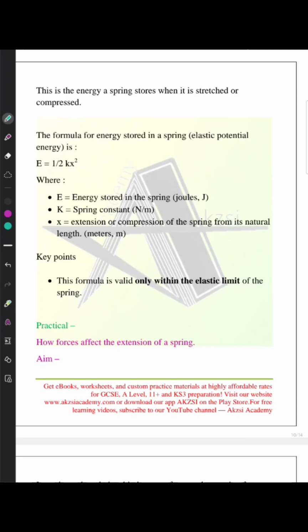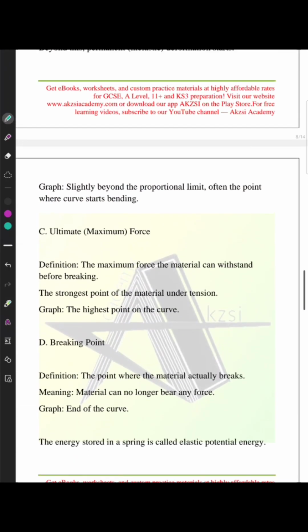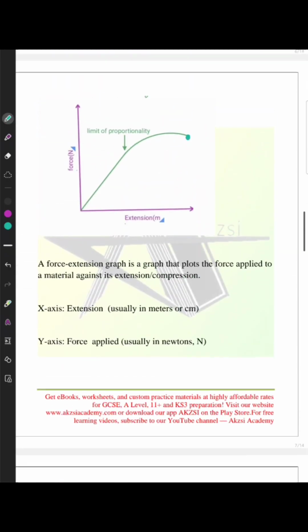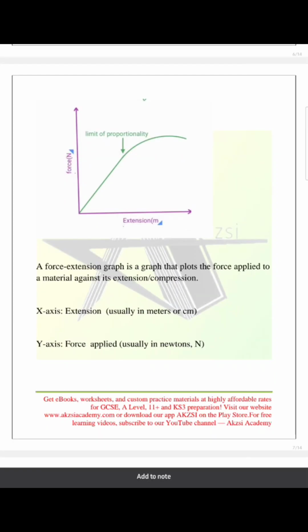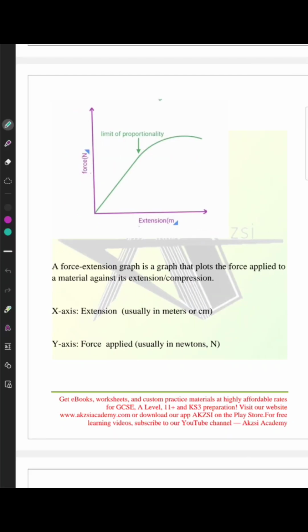Let me do 2 or 3 questions on it, but before that let me show you graphically. If the question is on the graph and you have to calculate the elastic potential energy, algebraically it's the formula half kx squared that we use, but graphically it would be the area under the curve. If you have to calculate the elastic potential energy till it obeys Hooke's law, this is the point where it's obeying Hooke's law.